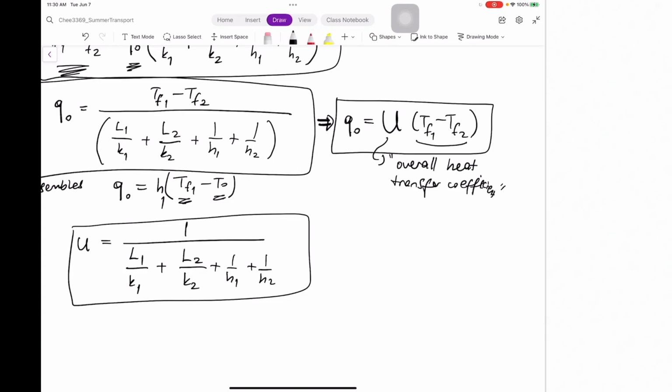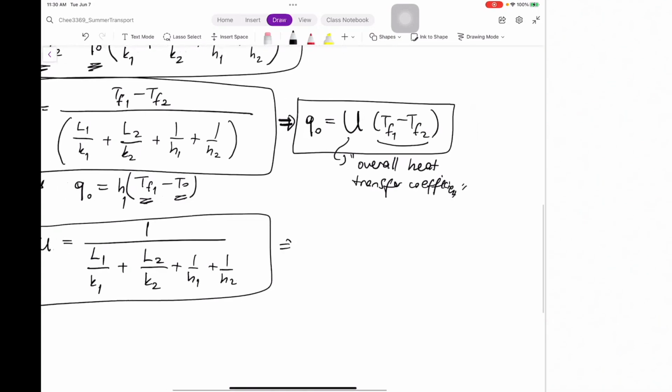Right? And you can also write it as 1 over U is equal to 1 over L1, sorry. I guess it's better if we just keep it there. Yeah, let's not write it as 1 over U. Okay, it might be confusing.